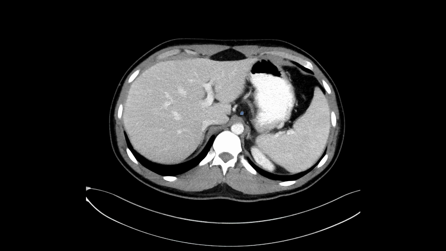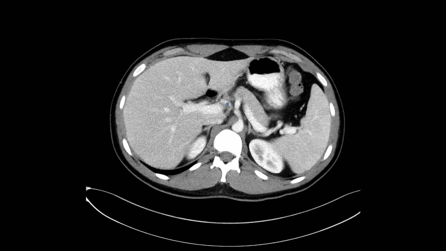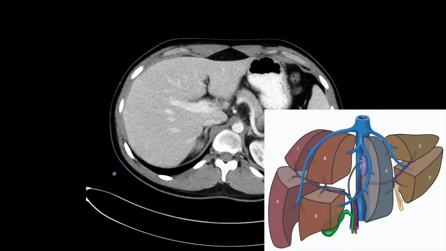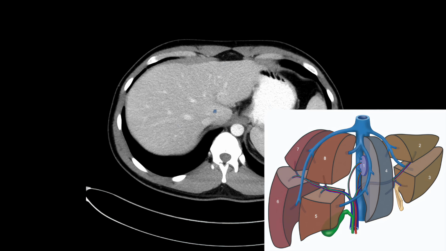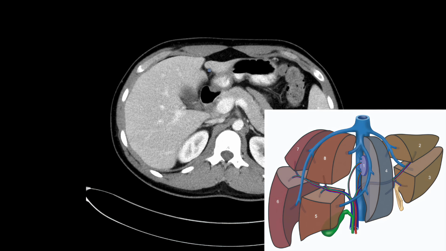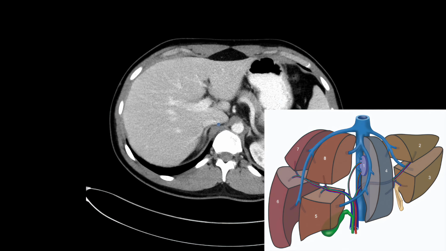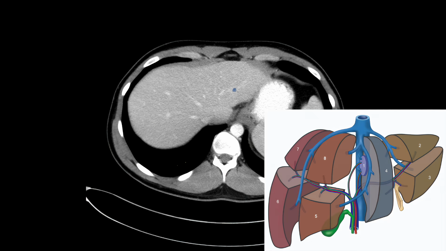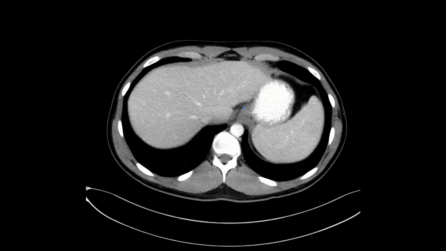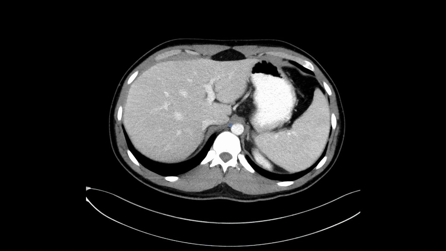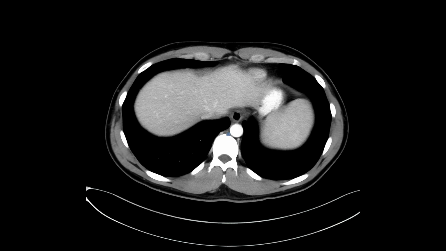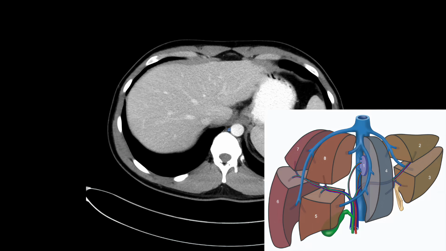The portal vein, where the left portal vein is and where the right portal vein is, splits the liver in half: superior to the portal vein up here, and the inferior half that's inferior to the portal vein. So if we split the liver into 4 pieces based on the hepatic veins, and then into 2 halves, the superior and inferior half based on the portal vein, we have a total of 8 segments. They're numbered as follows, and you can follow along in the diagram that's on the screen.